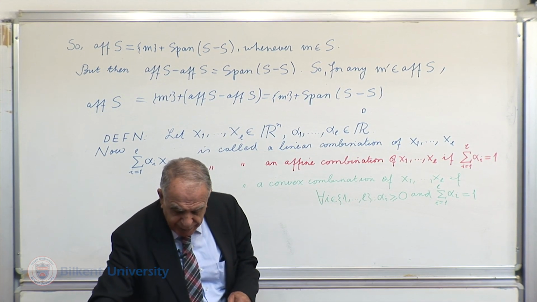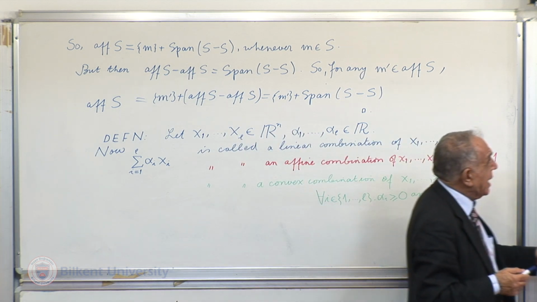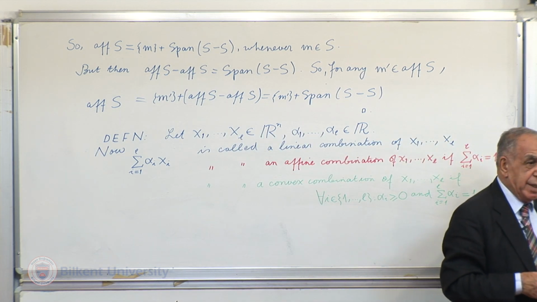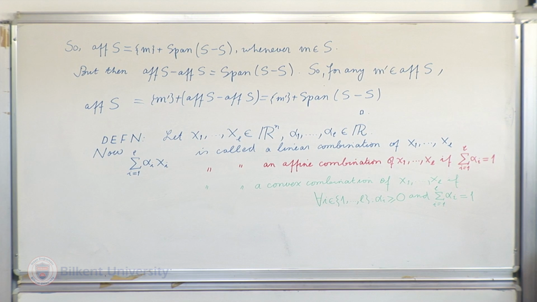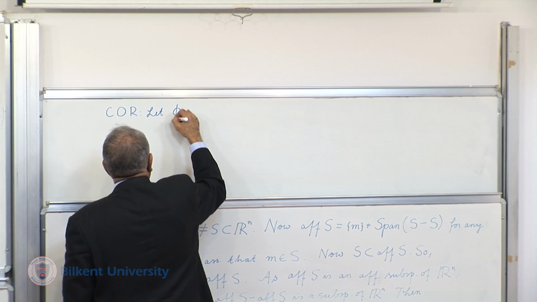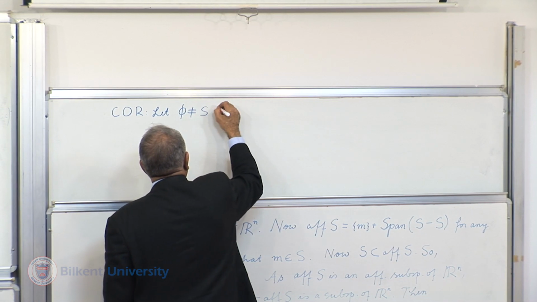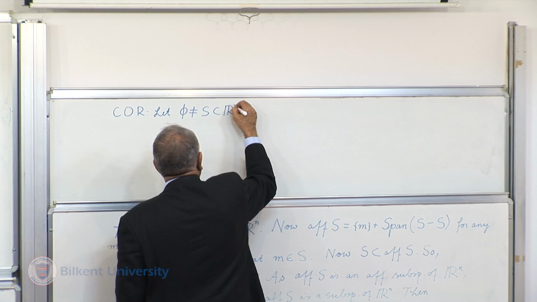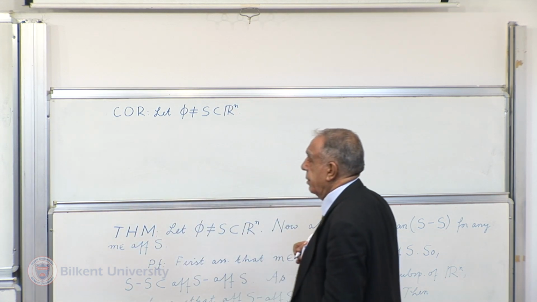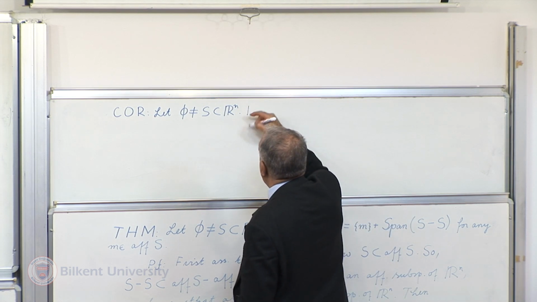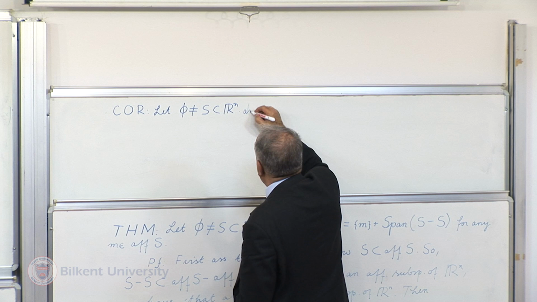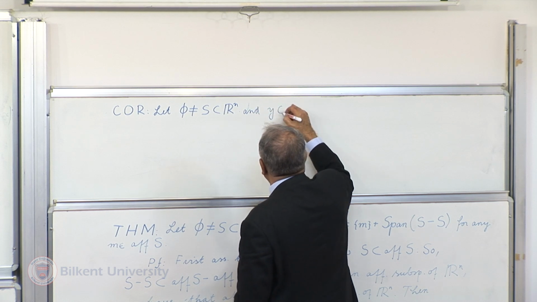Now, we'll have the expected corollary to this theorem. Corollary. Again, we take a non-empty subset S of Rn. And let's take y in Rn.